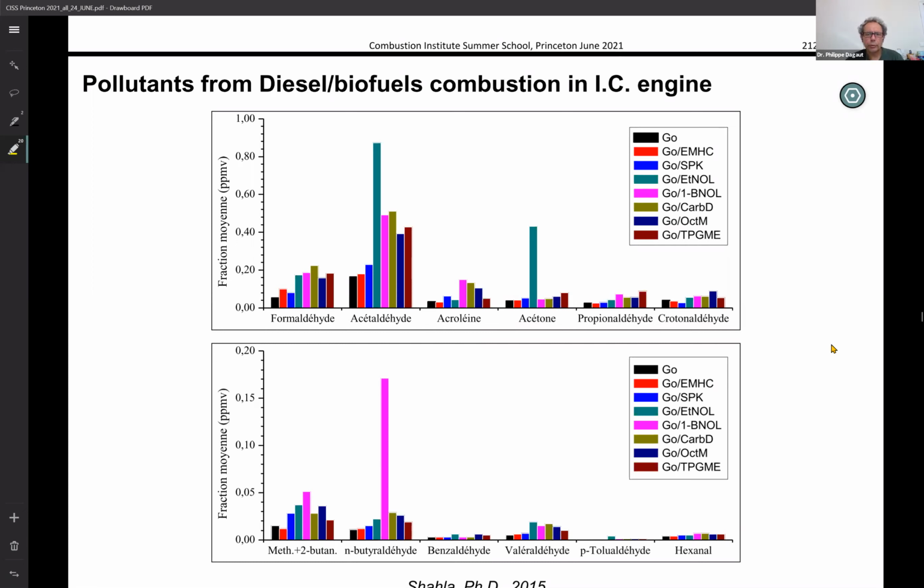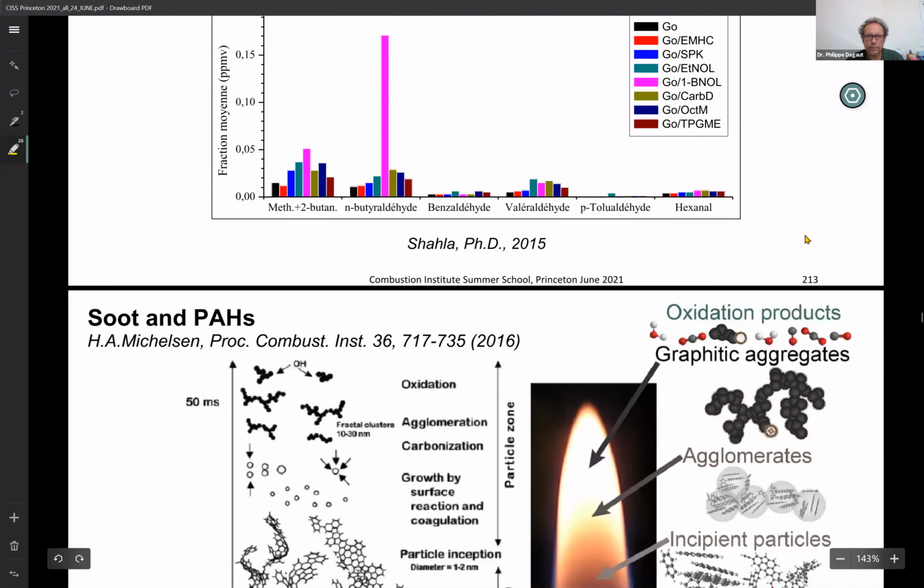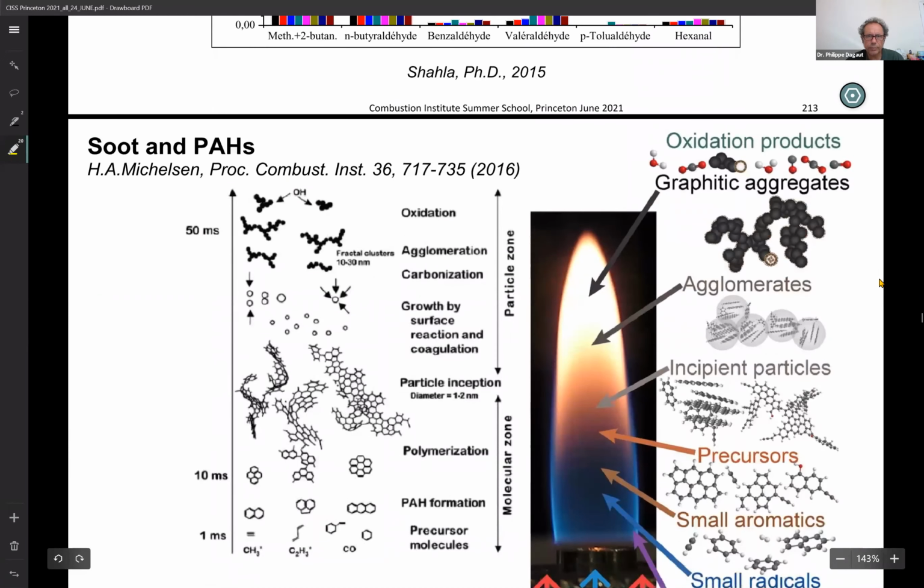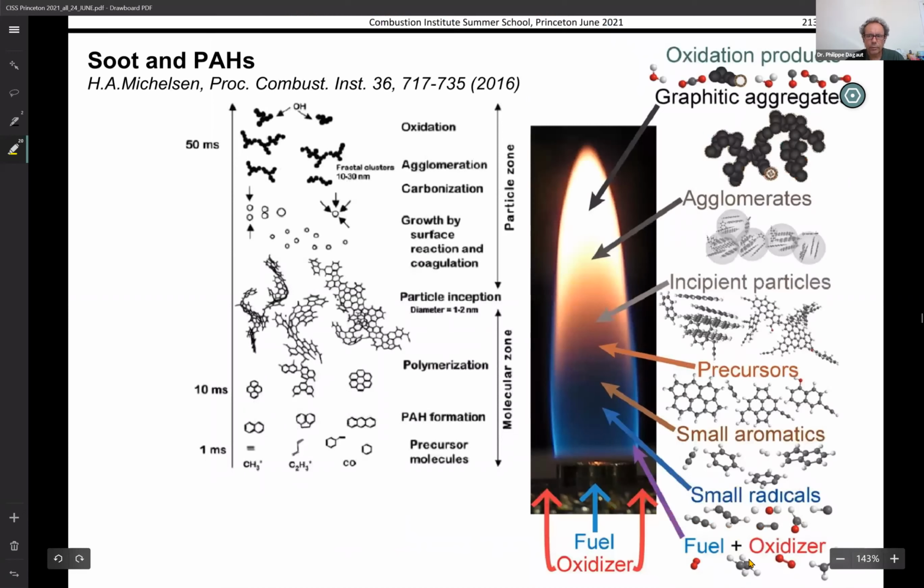We also looked at the effect of these additives on the formation of soot. So this is a busy graph that was presented by Hope Mikkelsen at the 36 symposium.